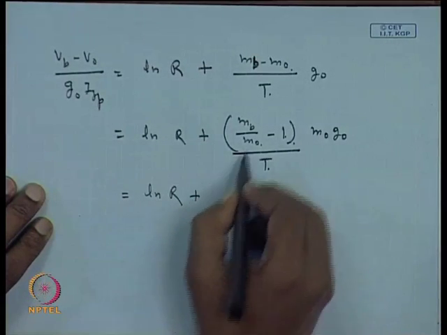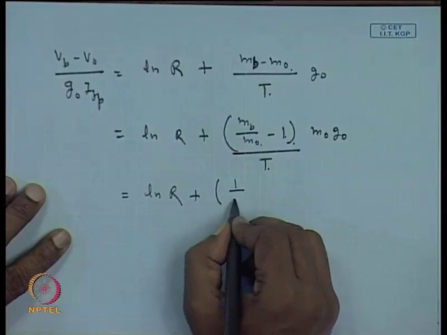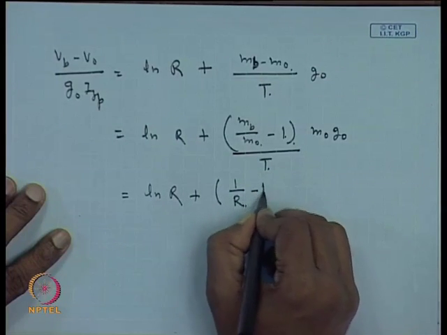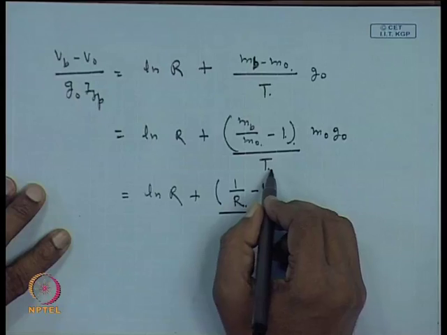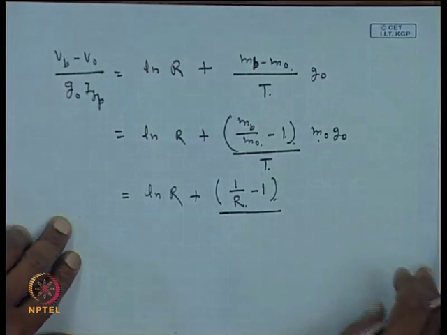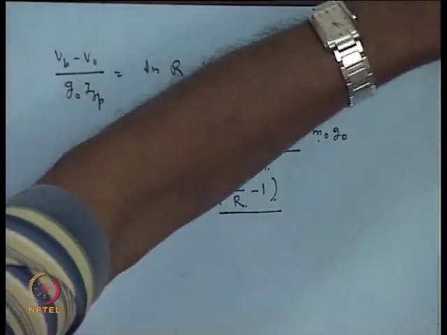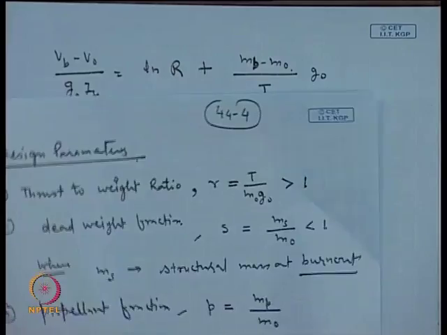So, ln r plus mb by m0, we know that this quantity is equal to 1 by r, this is minus 1, and T by m0 G0 we have written as the thrust ratio. So, in the beginning itself we wrote it as thrust to weight ratio T by m0 G0.